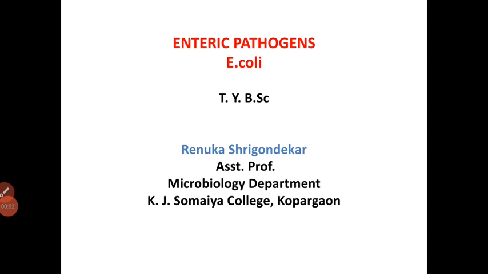Hello students. Today we will start with Medical Microbiology 1 in that unit bacterial pathogens. Bacterial pathogens with respect to their classification and biochemical characters, antigenic structure, viability characteristics, pathogenesis, symptoms, laboratory diagnosis, epidemiology, prophylaxis and treatment.